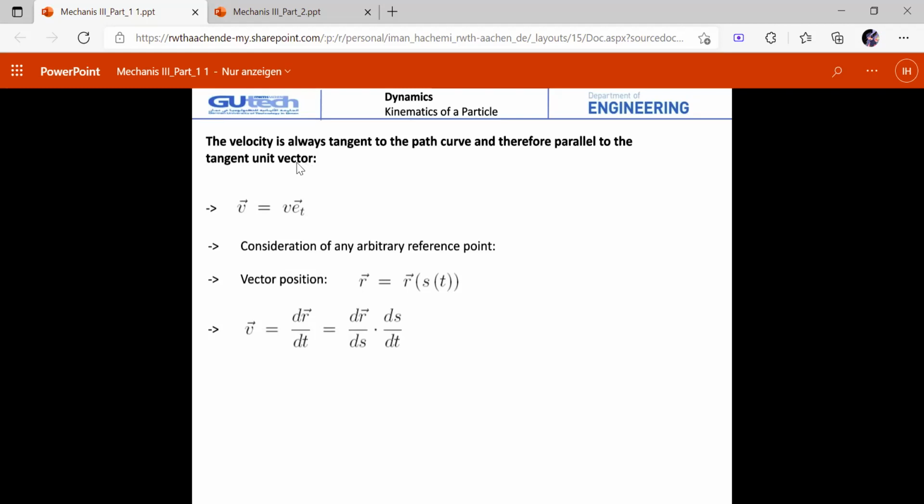That means the velocity is the absolute value of the velocity, v, multiplied by ET.